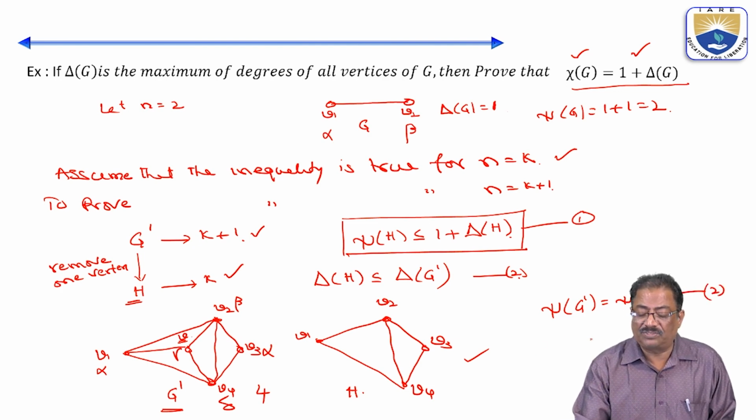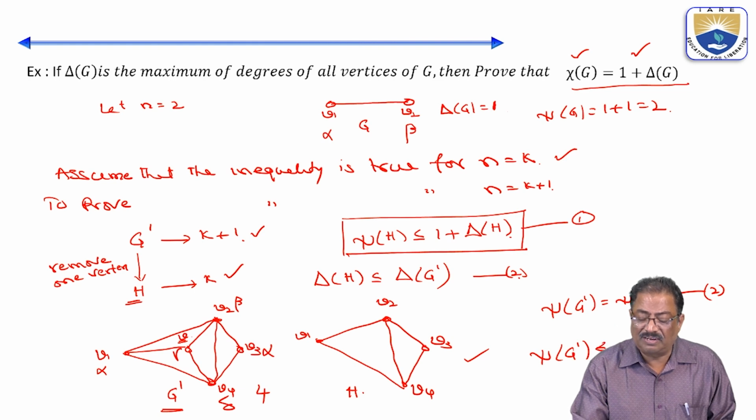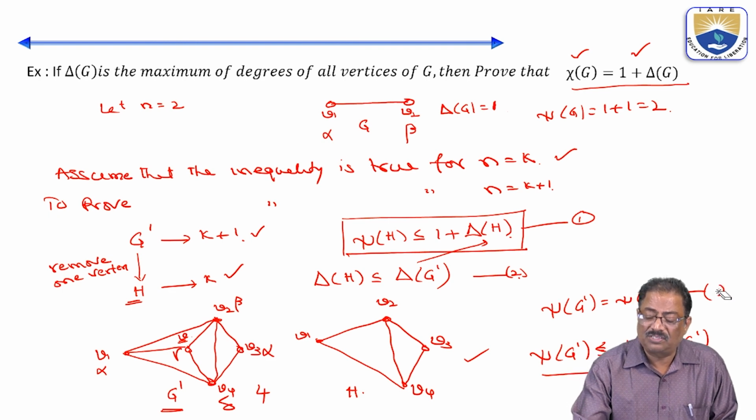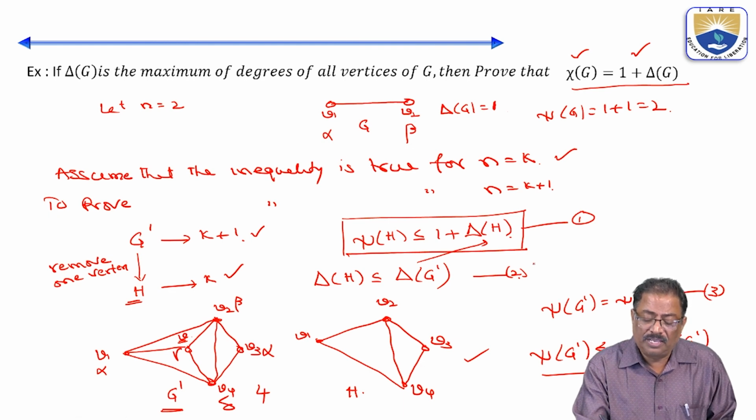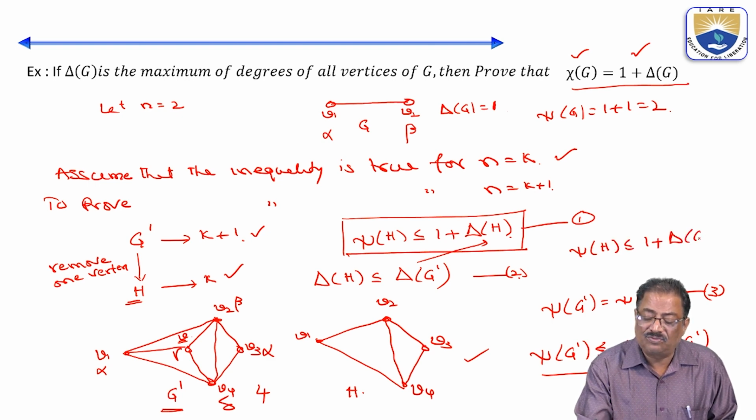Now I am combining equation 1 and equation 2. Chi of G dash equals chi of H, which is less than or equal to 1 plus delta H, and delta H is less than or equal to delta G dash. So I replace it here and get chi of H less than or equal to 1 plus delta of G dash.